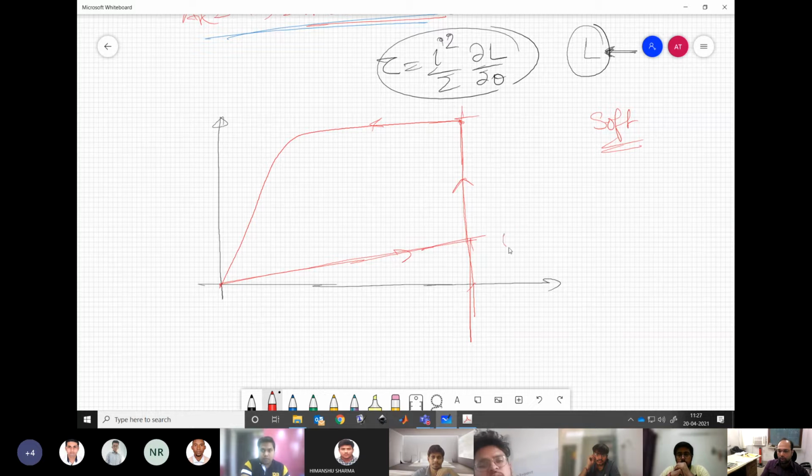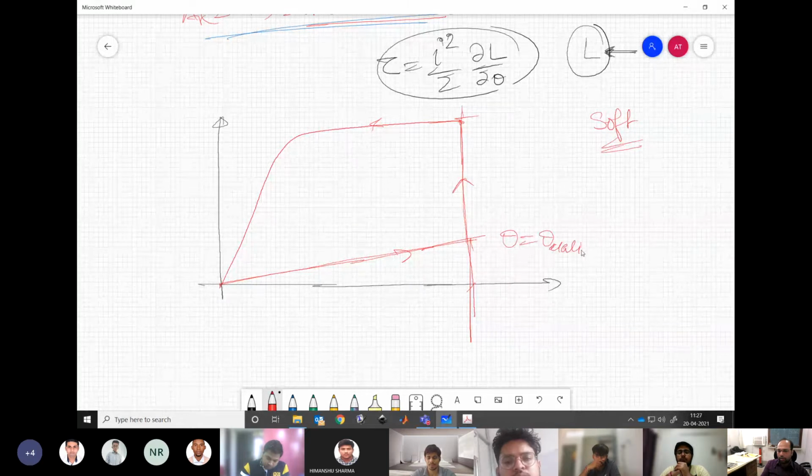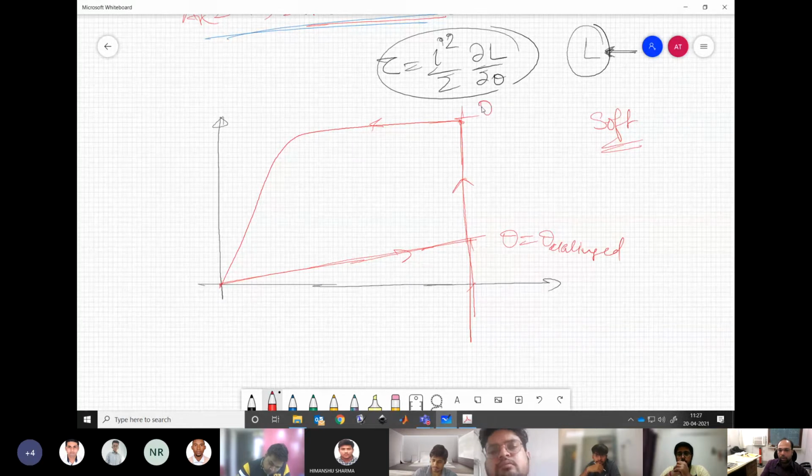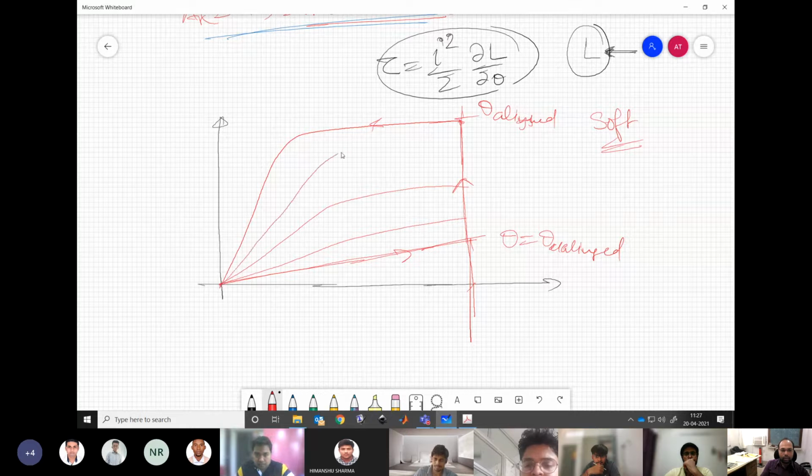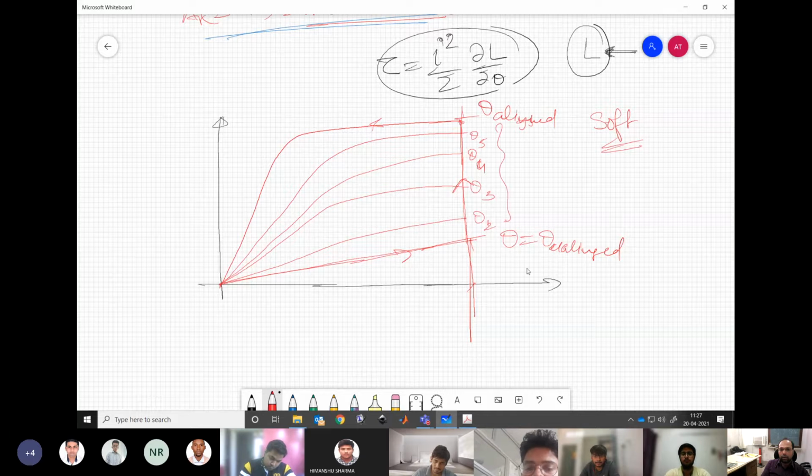Understanding my point? Yes, sir. So from unaligned to theta aligned, there will be several curves defining this lambda-I characteristic for different theta. If you change, let's say theta 2, theta 3, theta 4, theta 5, all these are intermediate positions of the rotor.